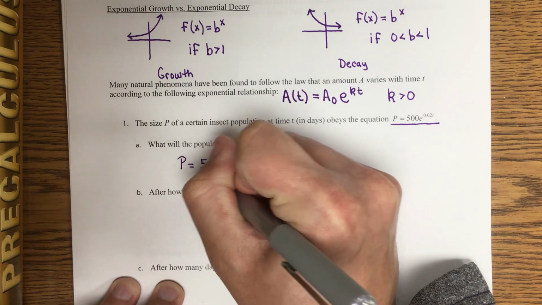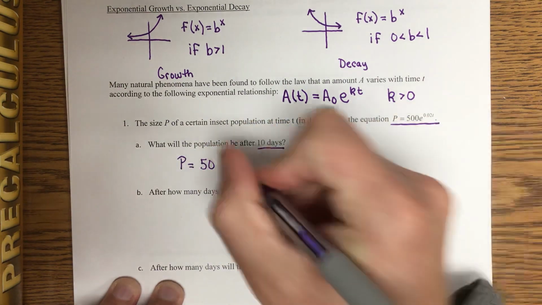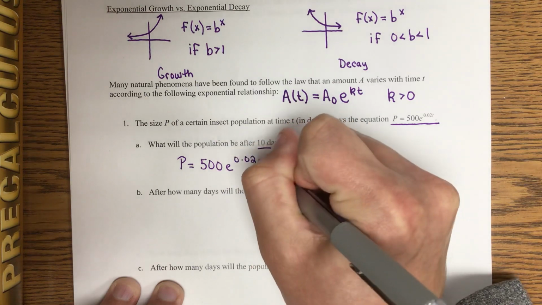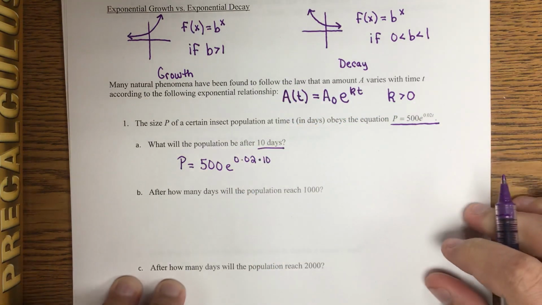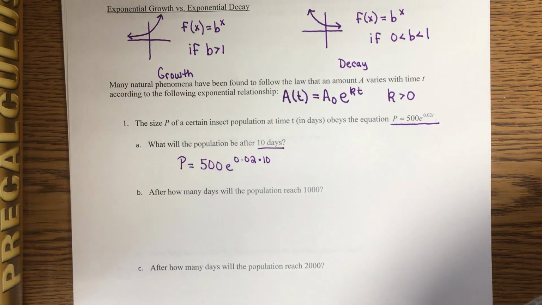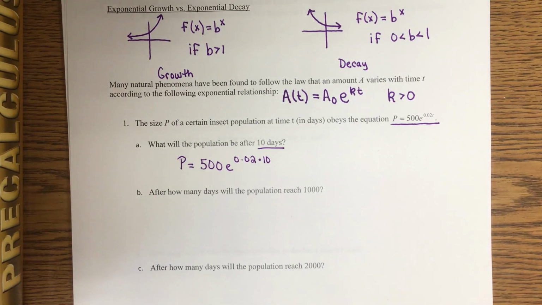So then part A says, if we start out at 500, how many will we have after 10 days? So I'm going to plug in the 10 for the time. And so then I'm going to find my calculator here and enter that and see what I get back.